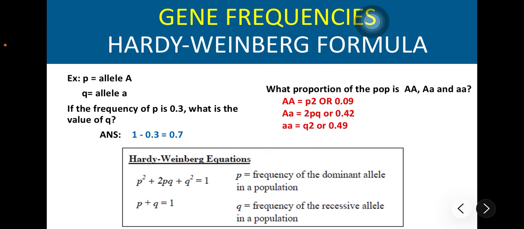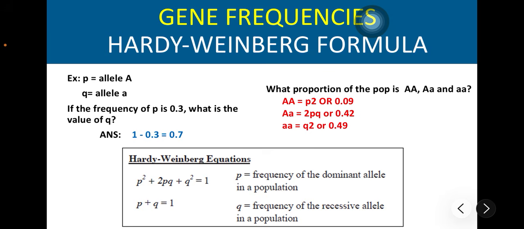This formula is used for predictions of populations at equilibrium, meaning that there is no migration, mutation, or any natural selection. So you have here the small p, which is equivalent to allele A. We also have the small q, which is equivalent to allele small a.